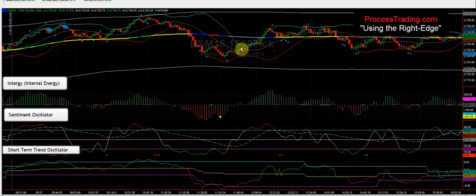But the wildness of this and them cutting through price all the time is, again, very inefficient, very difficult to apply to a system.